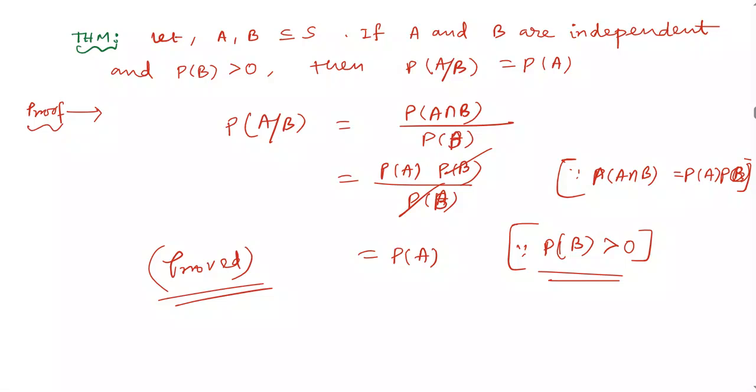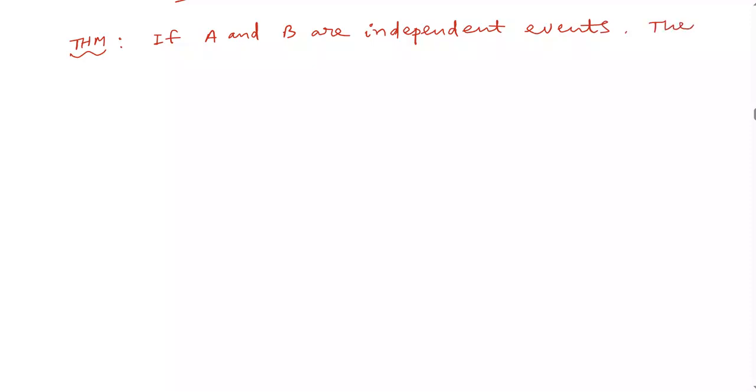Now another interesting concept, a very easy result, a theorem: if A and B are independent events, then A complement and B are independent.